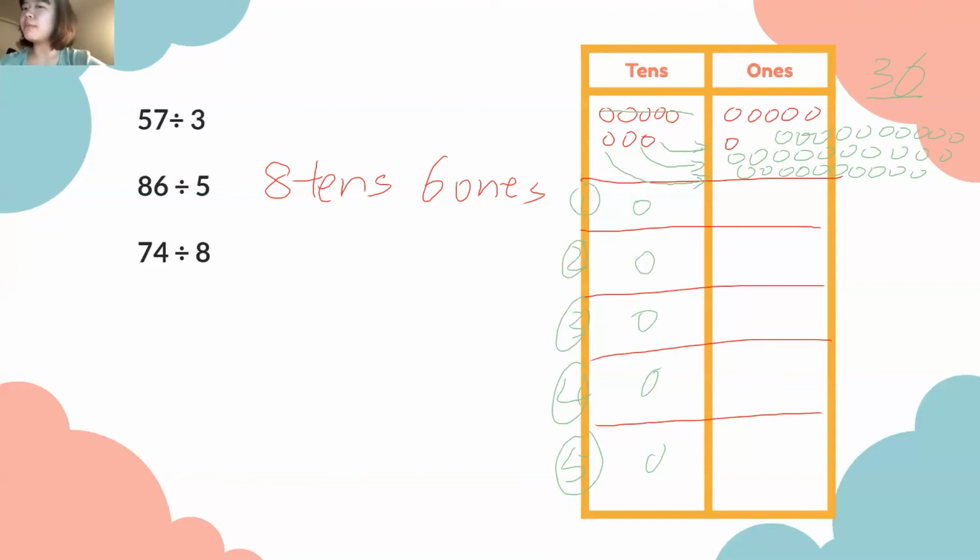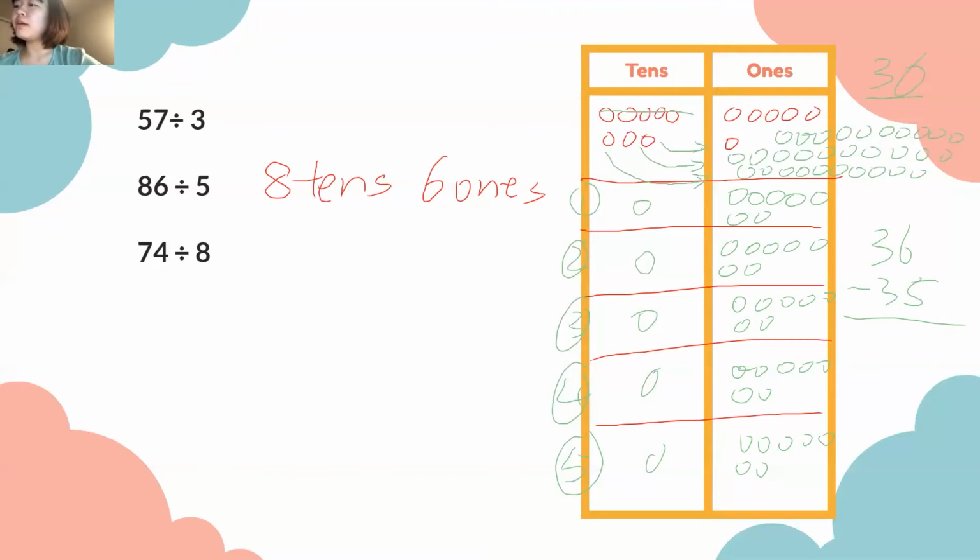So each group can have 7 ones. And what's 5 times 7? 35. And 36 minus 35, we have 1 remainder. So we're crossing this all out, and we have 1 remainder right here.